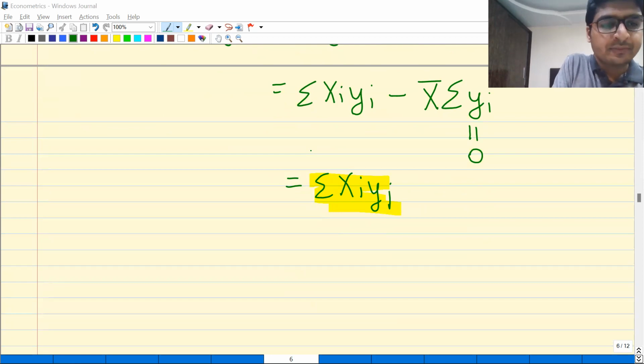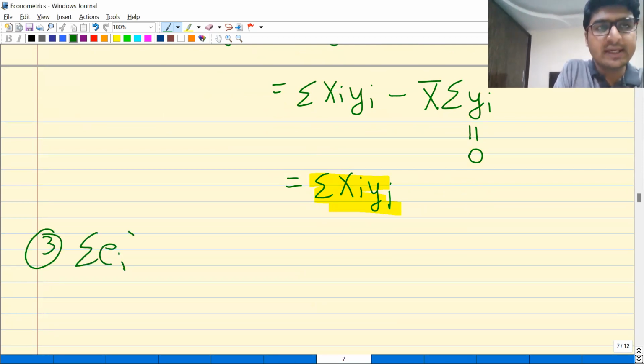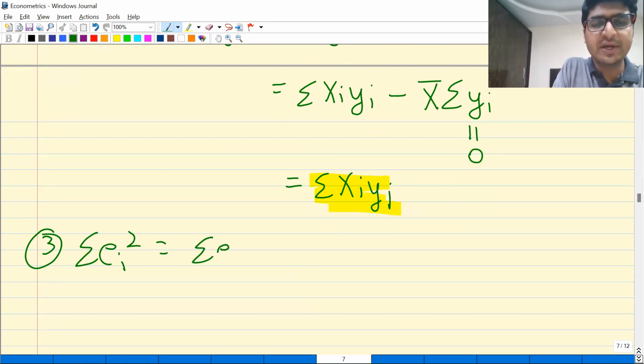Last point, that summation ei square is equal to summation ei into yi.